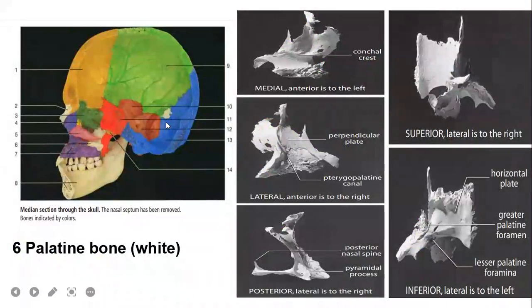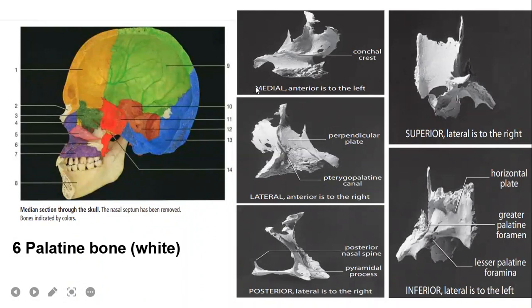So the palatine bone, let's find it on the skeleton. This is the medial section through the skull. The palatine bone is labeled by the part 6. This is the palatine bone, and it's white.